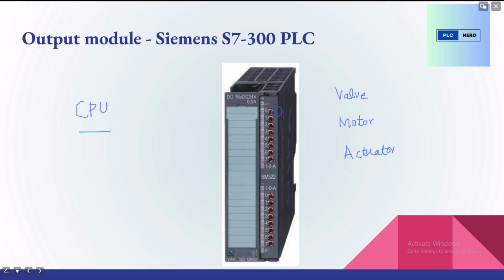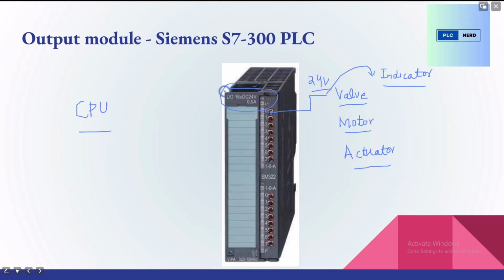Whenever the PLC gives a command at a certain channel, 24 volts will be sourced from this digital output card's first channel, and we can feed the 24 volts to any circuit that is energized, and that ultimately switches on any valve, any motor, any actuator, or for example an indicator bulb, etc. So this is how a number of devices can be interfaced with the output module of a PLC.